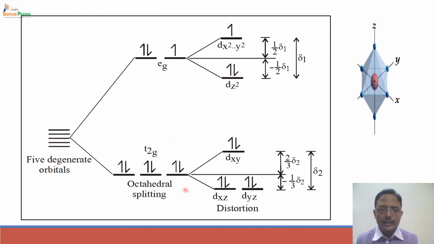Similarly, dxz and dyz will lower in their energies because the z orbitals are experiencing less force of repulsion, and this leads to a distortion.